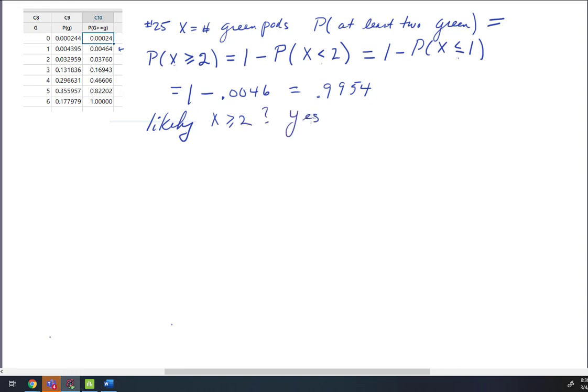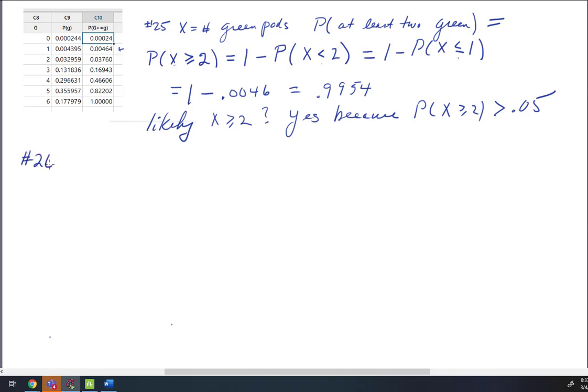And the answer is yes, because the probability X greater than or equal to 2 is greater than 0.05. And 0.05 is the cutoff that we've imposed on the probability of unlikely events. So that worked out okay, not too hard.